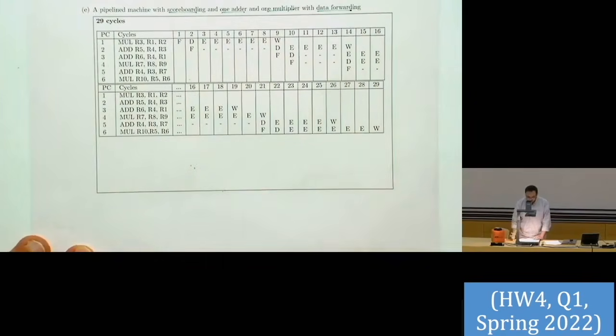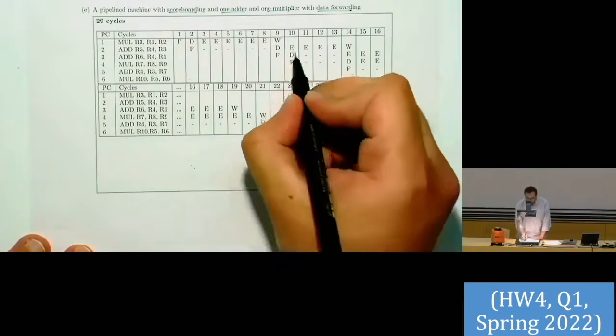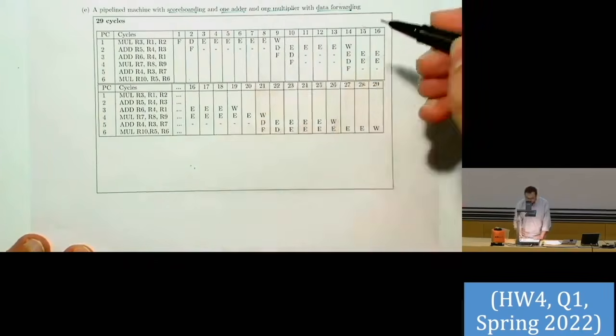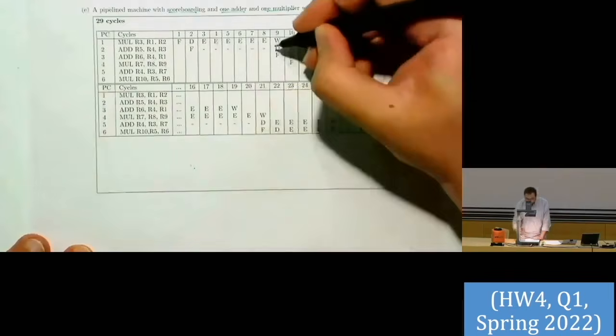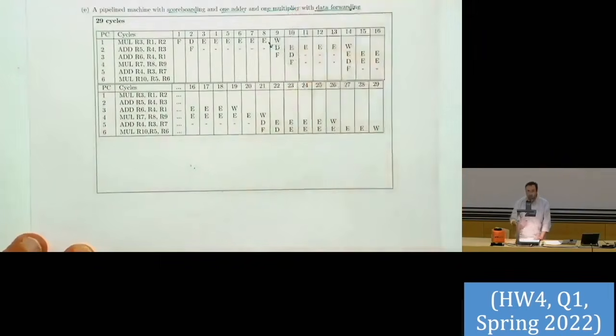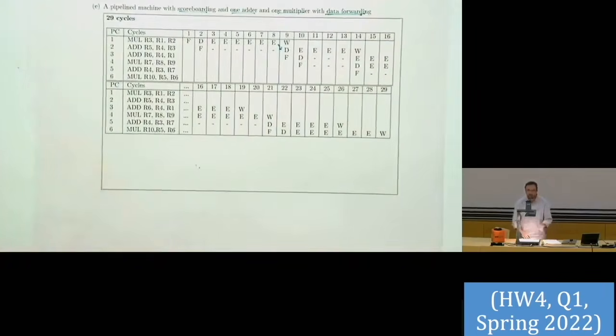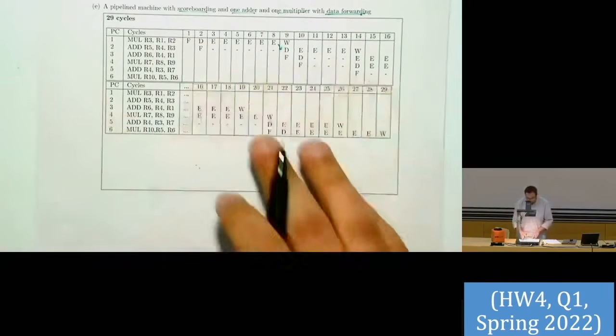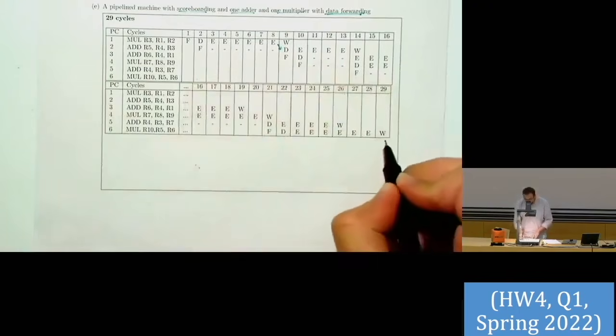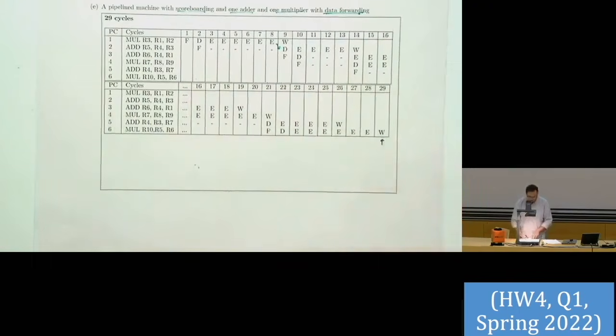So basically we copy the result from the previous part and push the cycles back based on this data forwarding, which is the same thing we did in part C. So this is like a bonus, like 3 points, because it's just some redundant thing. If you complete it, you will see that it completes in the 29th cycle. And that's all of the pipelining question.